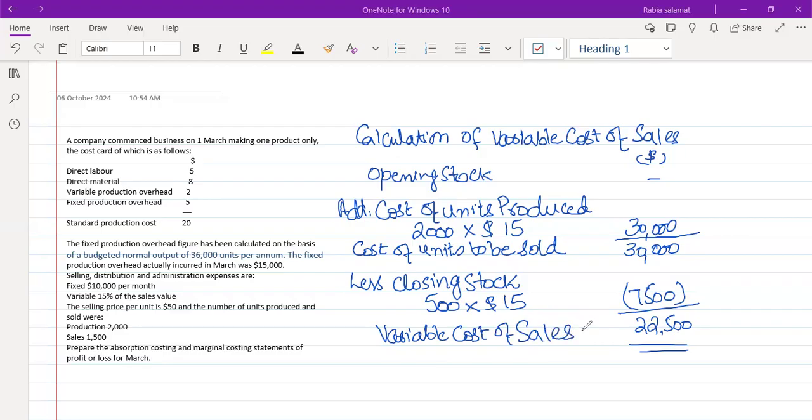Now we will make our profit and loss statement under marginal costing for the month of March.